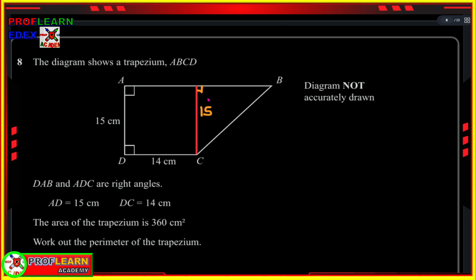So we have AD, of course DC, and the area of the trapezium is 360. Something we need to remember: area of a trapezium is usually h into (a plus b) over 2.